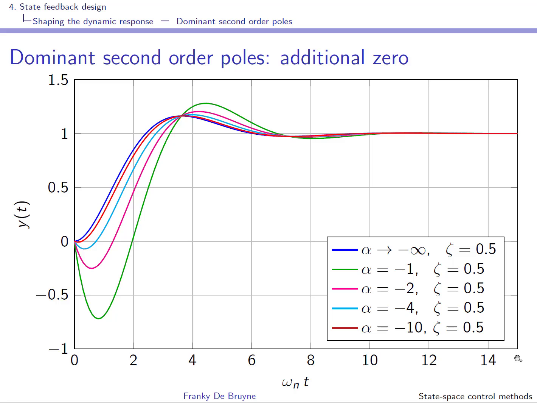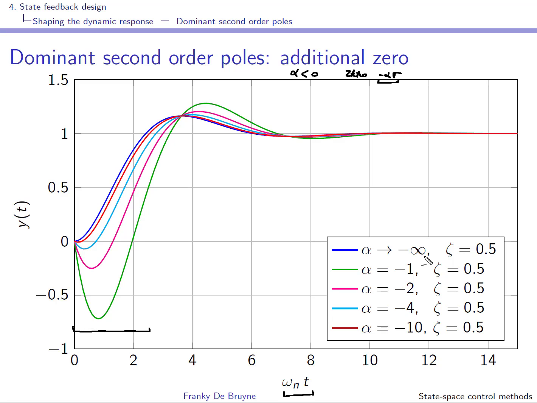So previously we have considered the case where alpha is positive. By the way, we have normalized everything in such a way that you can draw step responses independently of the natural frequency. In this case, we'll take alpha negative. The 0 is in minus alpha sigma. So this means that this 0 is to the right of the imaginary axis, and this is explaining why we see these inverse step responses.